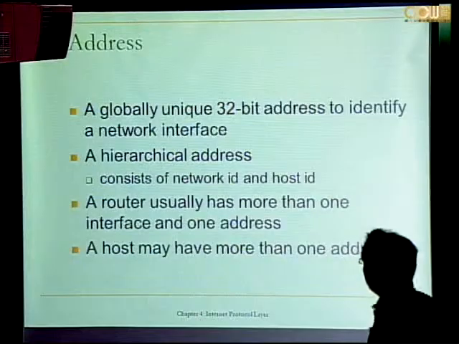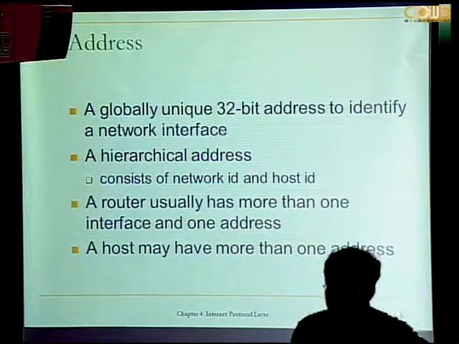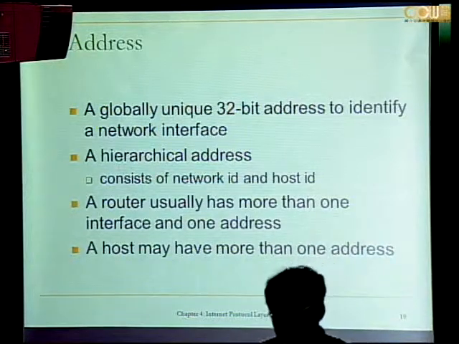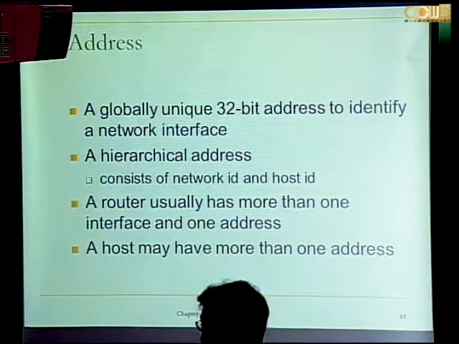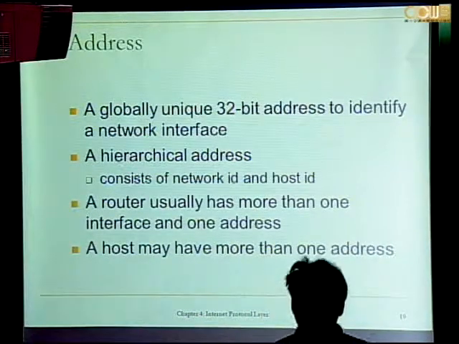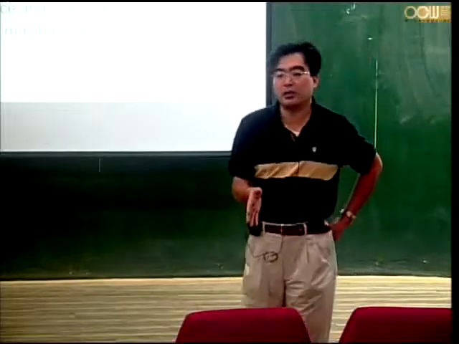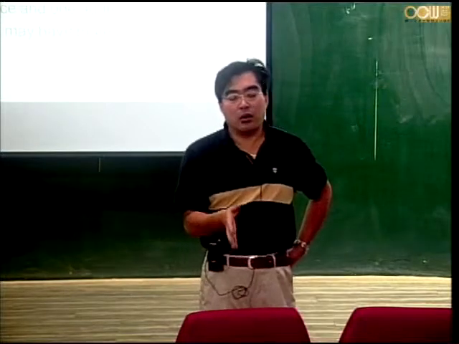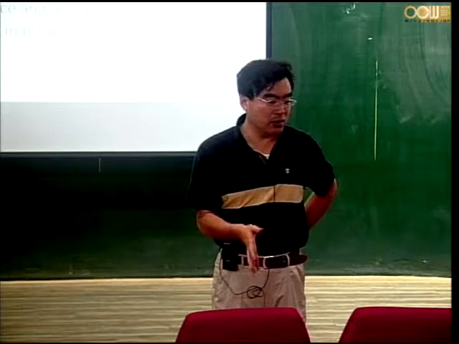A router usually has more than one interface, so it has more than one address. And a host usually has only one address, but it could have more than one. Suppose I have only one interface card on the host, but I have two IP addresses on the interface card.